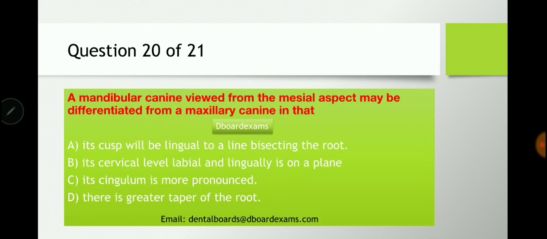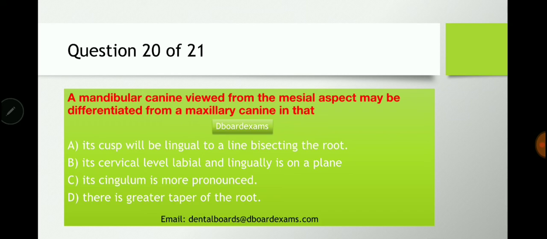All right, so question 20 of 21. A mandibular canine viewed from the mesial aspect may be differentiated from a maxillary canine in that, well, you should know this already. When you look at the mesial surface, it's almost parallel to the long axis of the mandibular canine.